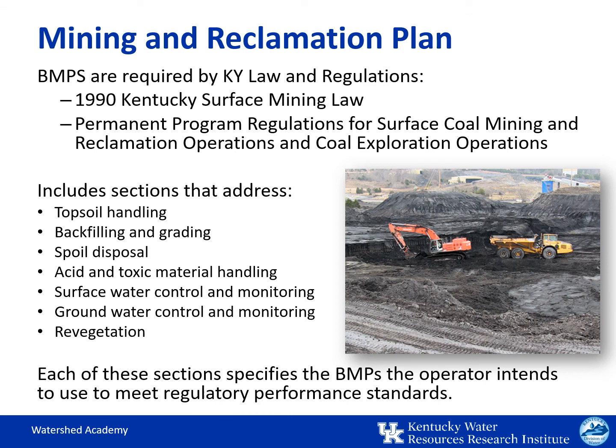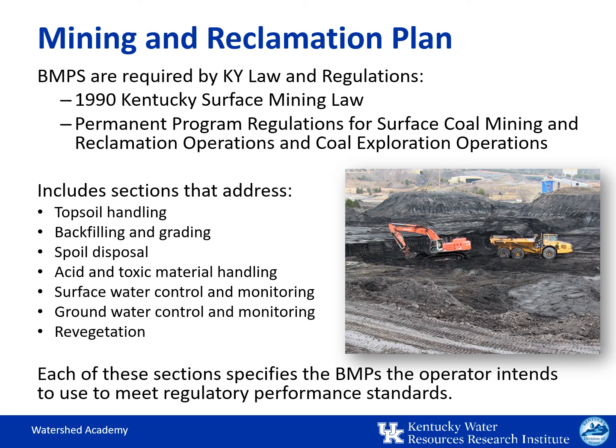The 1990 Kentucky Surface Mining Law and related regulations require that mining permit applications also contain a mining and reclamation plan. This plan includes sections covering topsoil handling, backfilling and grading, spoil disposal, acid and toxic material handling, surface and groundwater control, and monitoring and revegetation.